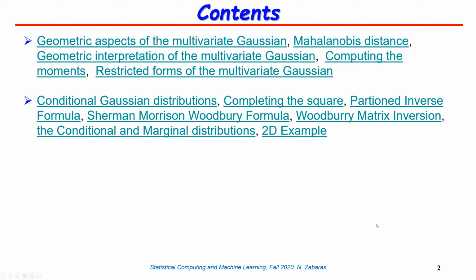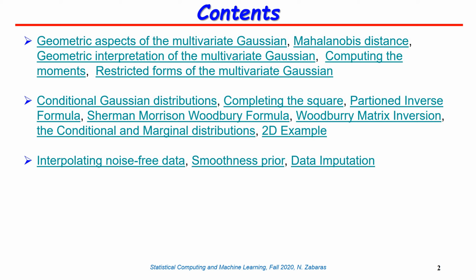And finally, I'm going to finish with some not necessarily very trivial examples where these ideas of manipulating the multivariate Gaussian are being used. I'm going to show you how we can do interpolation with noise-free data.